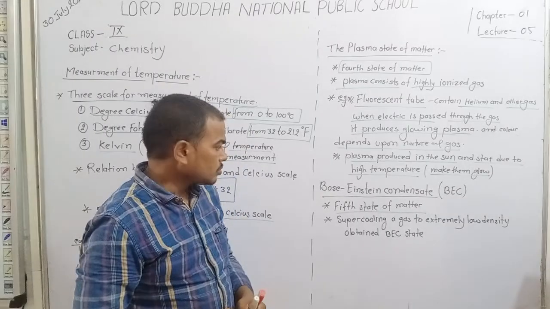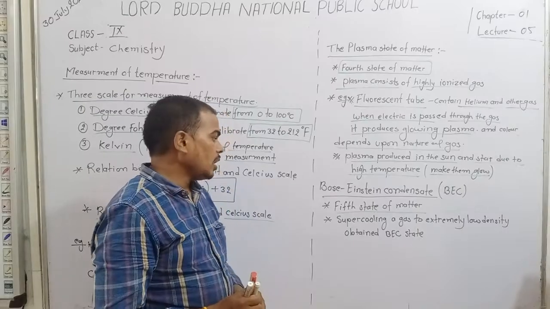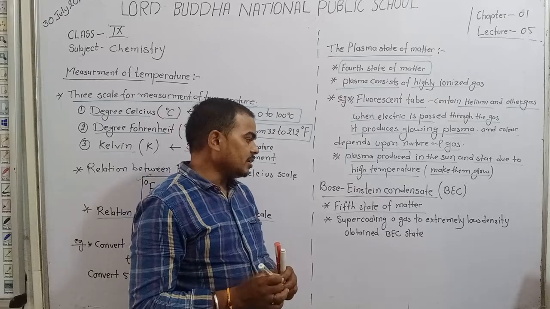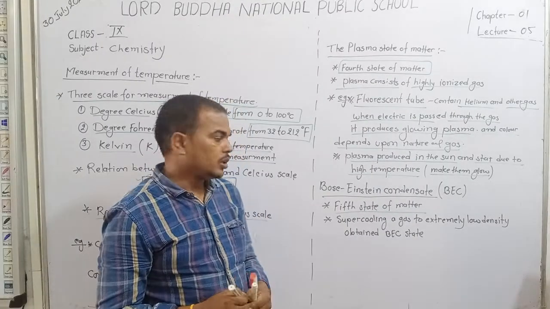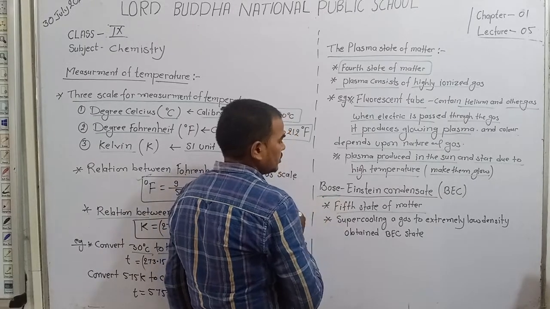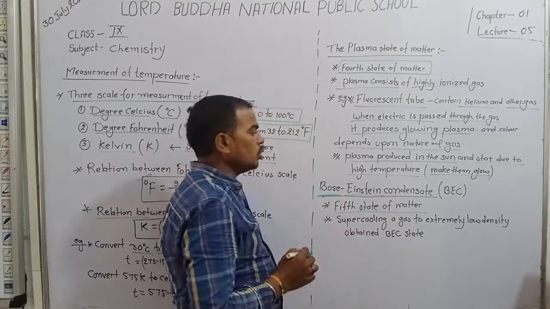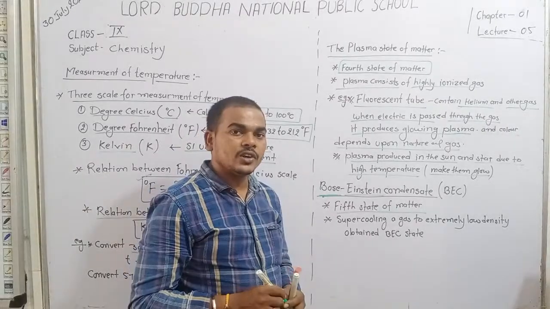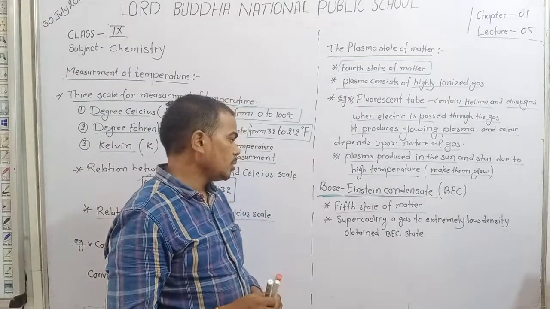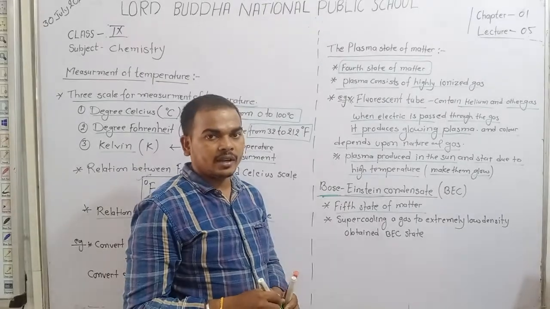Dear student, this state of matter is obtained at very low temperature and very low density of gas. It was discussed by Bose and Einstein, so the state is known as the Bose-Einstein condensate, BEC. Bose is an Indian scientist, whereas Einstein is an American scientist.